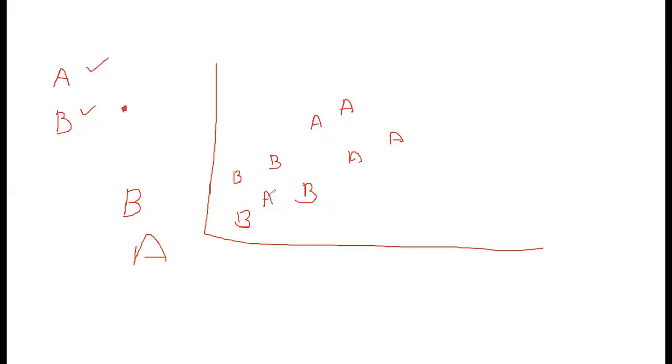Now if I give the input here, which category does it belong to, A or B? It belongs to A, because the nearest neighbor is A. So we say the input belongs to group A. But actually this belongs to group B.